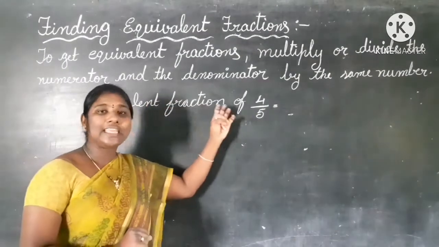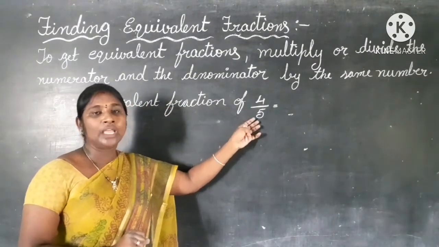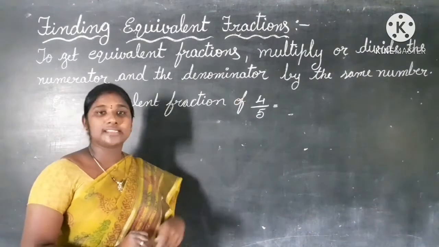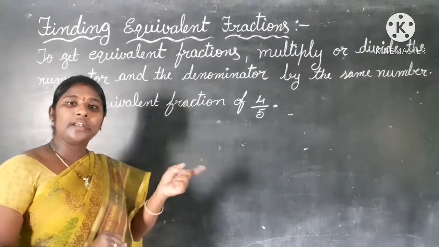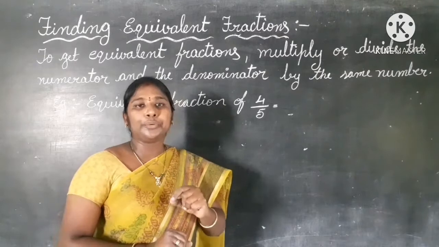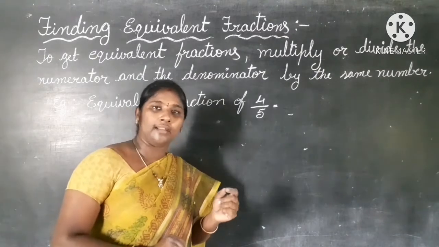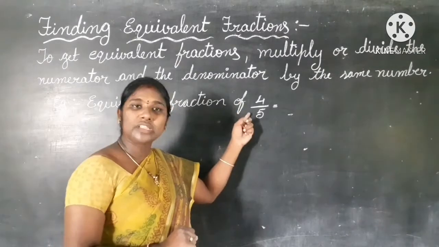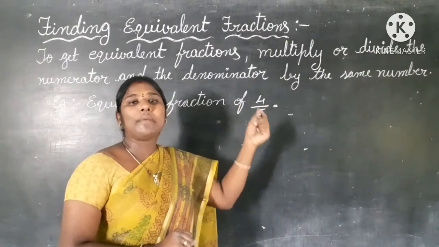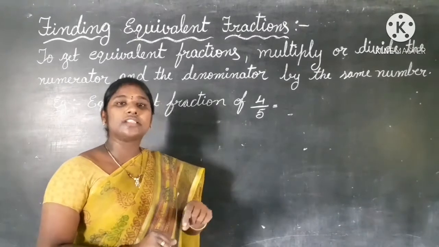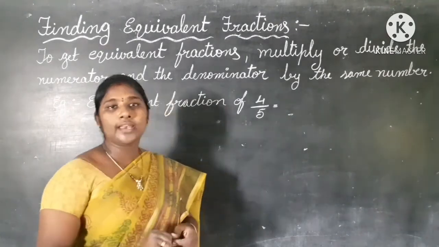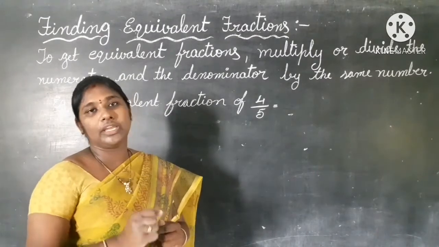We have to find the equivalent fraction of 4 by 5, by either multiplying or dividing the numerator and denominator by the same number, but we need not multiply by 1. Why? Because if we multiply by 1, we get the same number. Division by 1 also gives the same number. So except 1, any other number we can use.